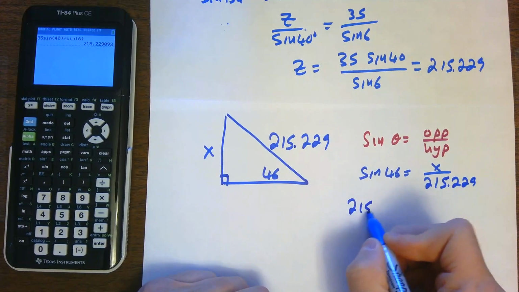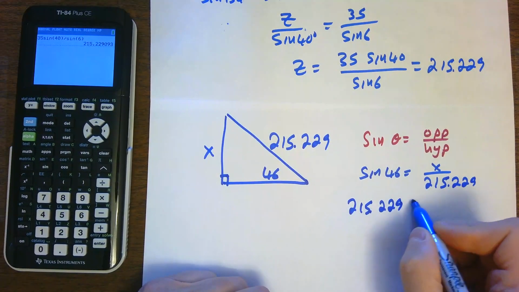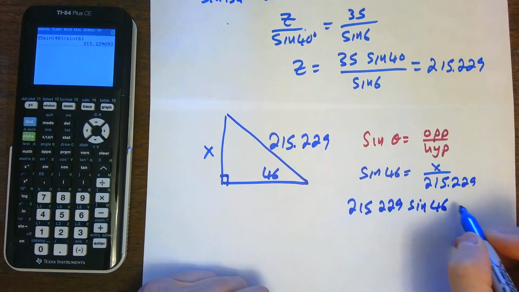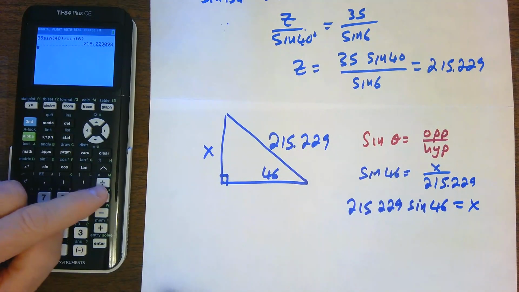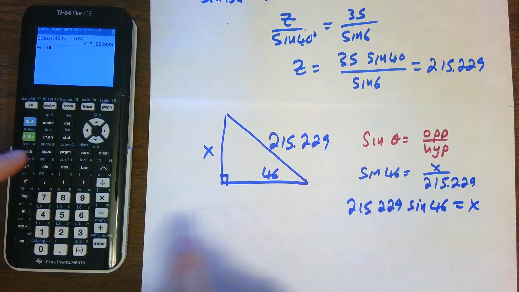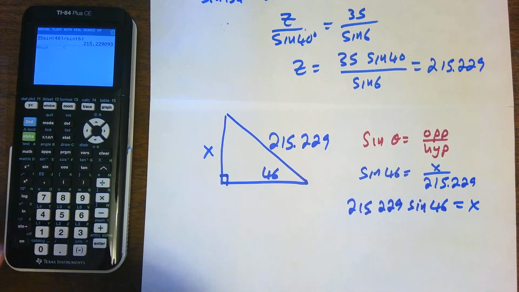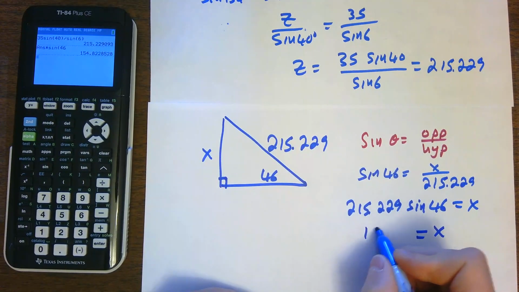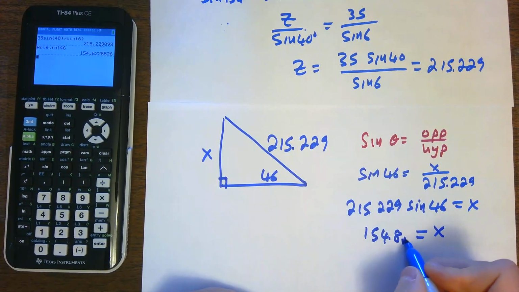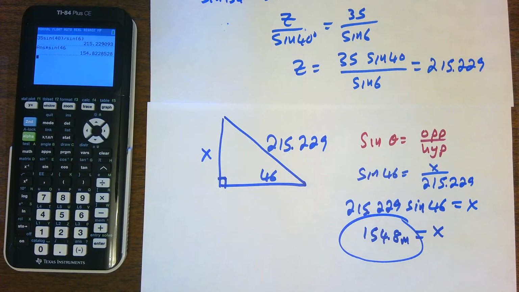So 215.229 times the sine of 46 equals the height of my building. I take my previous answer times the sine of 46, and I get that my building is 154.8 meters high.